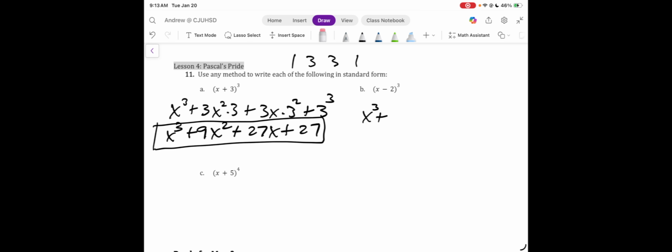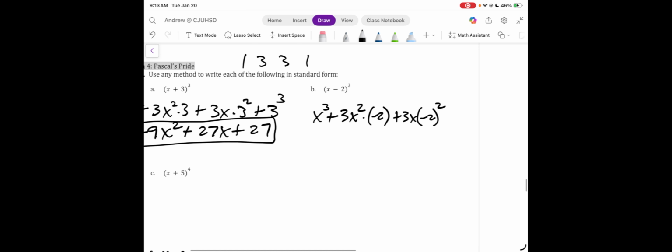Forgot the 3. 3x squared times negative 2 plus another 3x with a negative 2 squared. And then finally, negative 2 cubed.